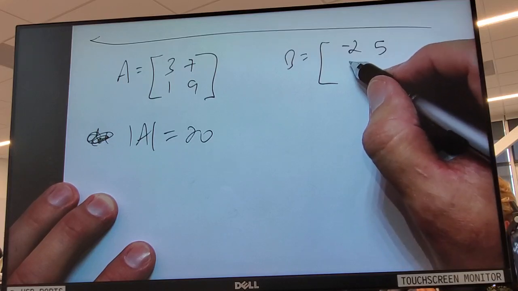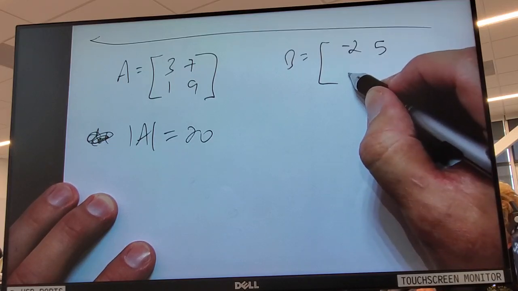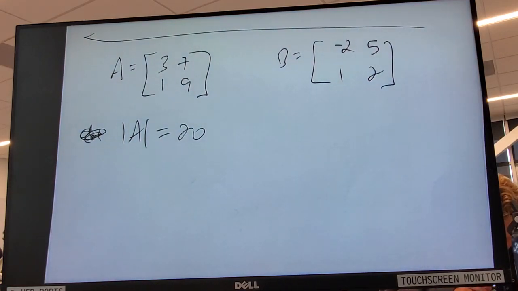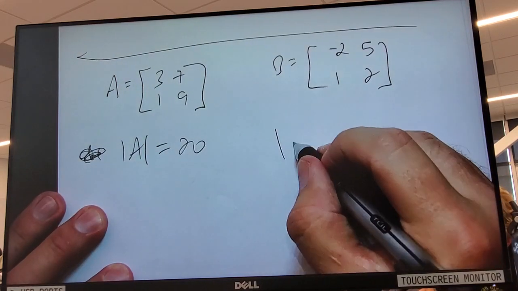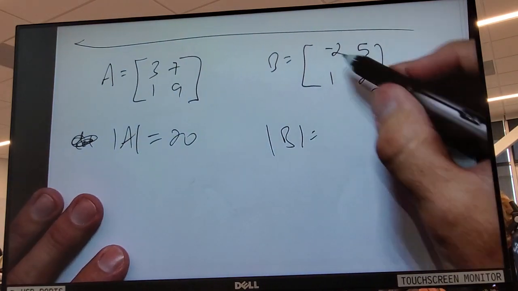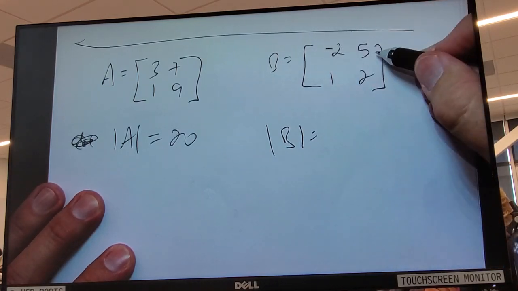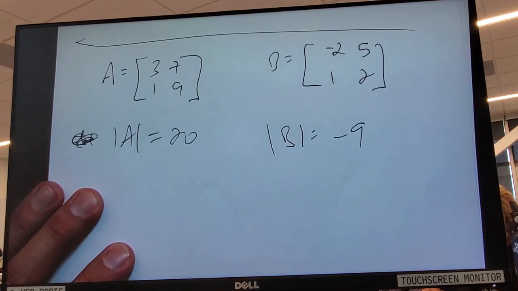I think I heard you say 1, 2. Is that what you said? Yes, okay. All right, so very quickly, that's obviously invertible, but what's its determinant? What's the determinant of B? Yeah, negative 4 minus 5, negative 9, yeah, okay.